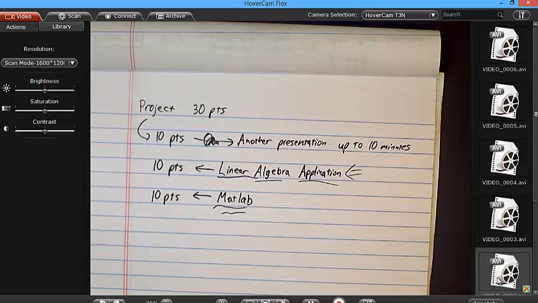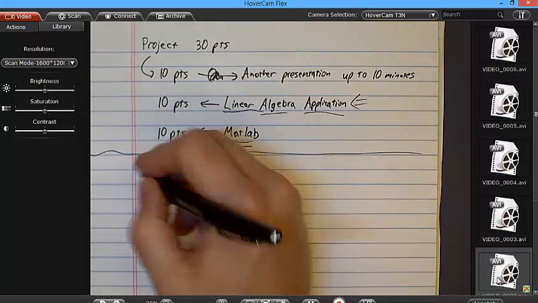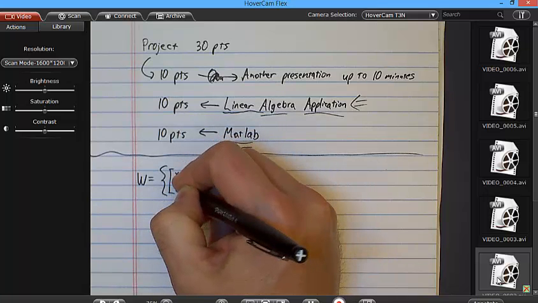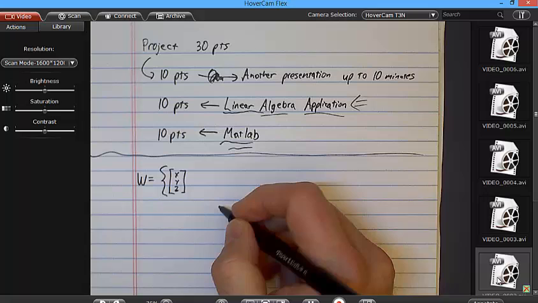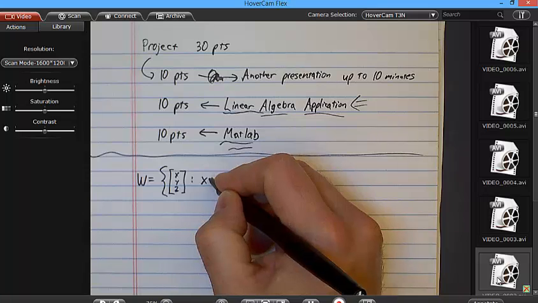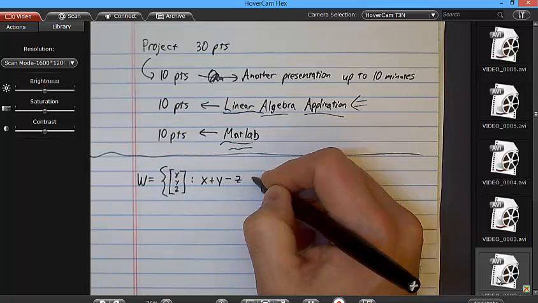What was 5.2 number 5? They gave me a W, and they want to talk about W perp. So they say W is the set of vectors x, y, z. So we're in R3 here, such that x plus y minus z equals 0.